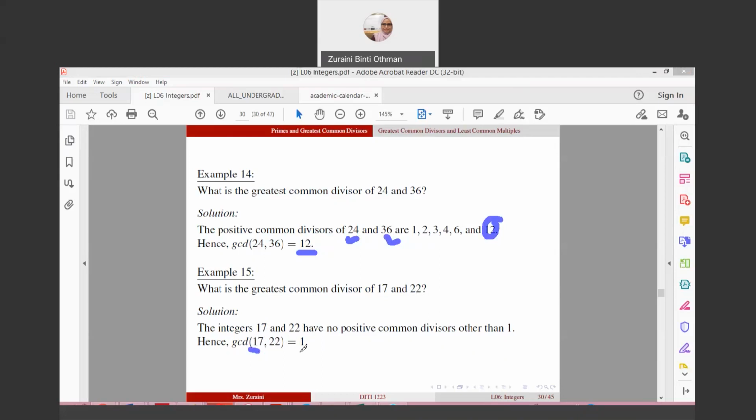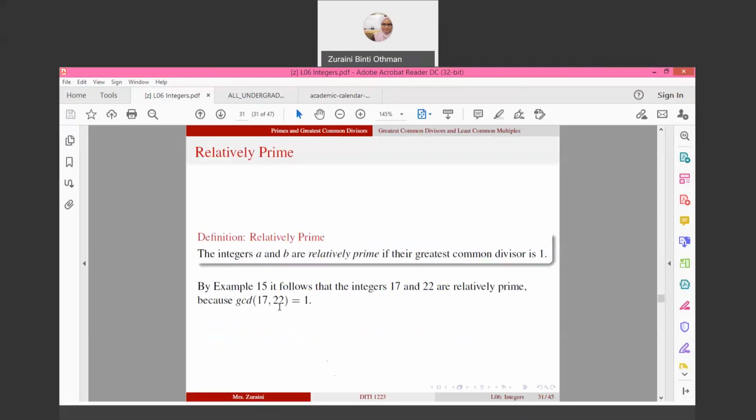So our greatest common divisor kalau dia tak ada yang common yang sama, so 1 is our greatest common divisor. Okay, so now here relatively prime. A and b are relatively prime if their greatest common divisor is 1. Okay, so this 17 and 22 is, we call it as relatively prime. Okay, because GCD for these two numbers is 1.